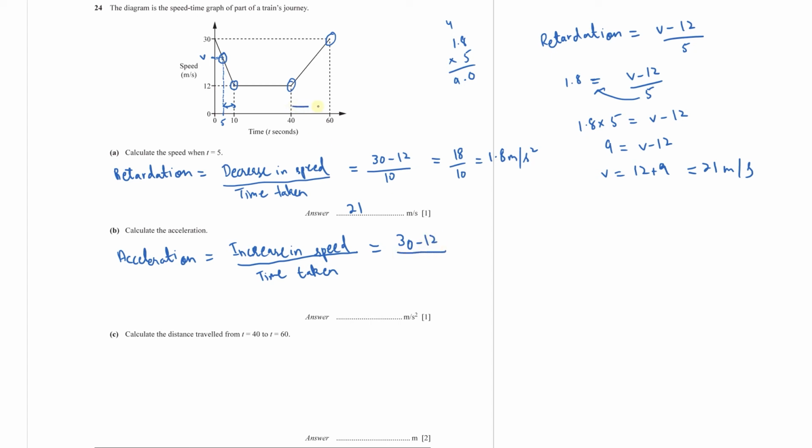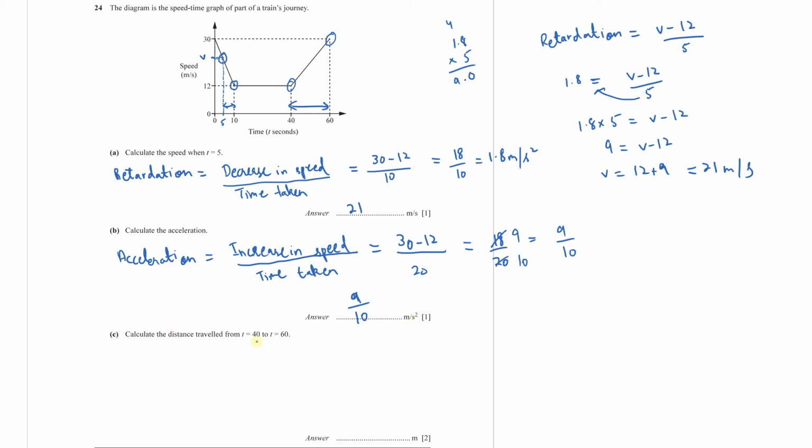And what's the time taken? 60 minus 40, 20 seconds. So 30 minus 12 is 18 divided by 20, which you can simplify by 2: nines are 18, 2 times 10 is 20. So 9 over 10. So your acceleration is 9 by 10 meters per second squared, or 0.9 meters per second squared.